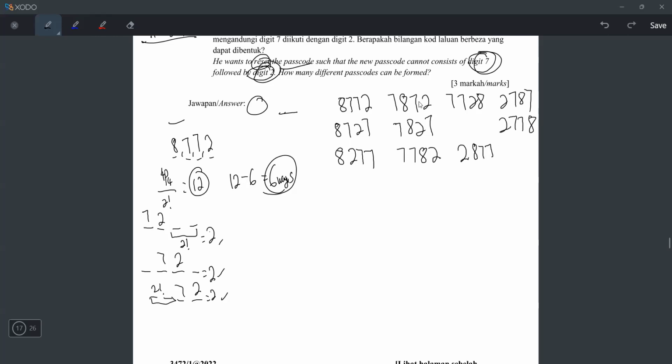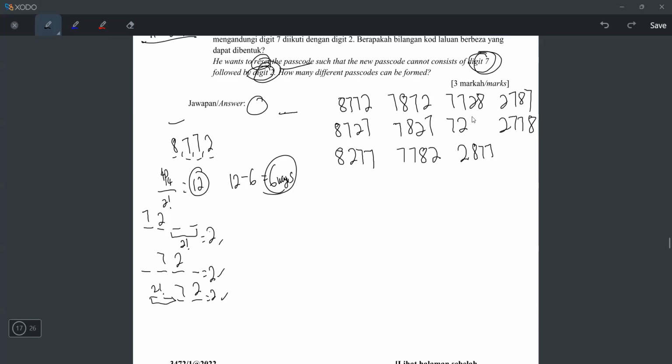And then what else did I miss out on? 7827, 1, 2, 3, 4, 5, 6, 7, 8, 9, 10. There are 2 more. What else did I miss here? What about 7, 2? Because the 2 can also be at the back.